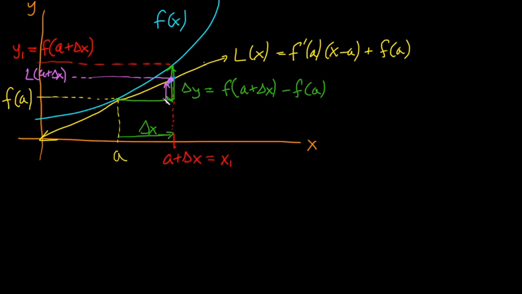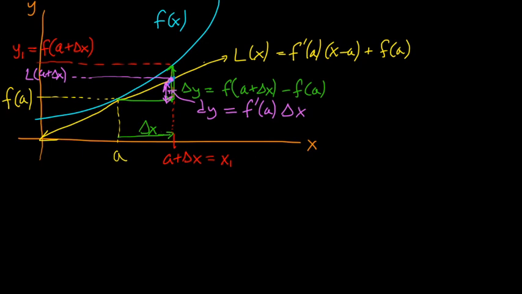I get a slightly smaller difference, which we're going to call dy. So dy is, sorry, it's just f prime of a times delta x.